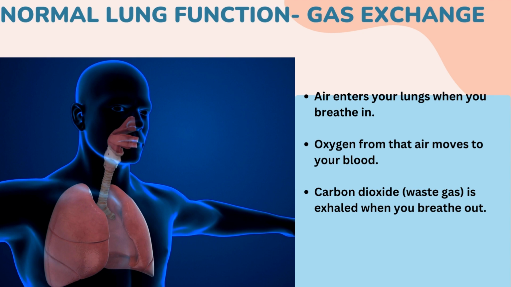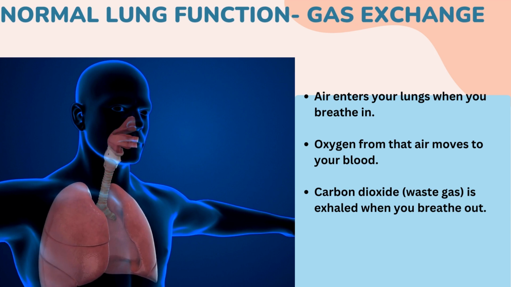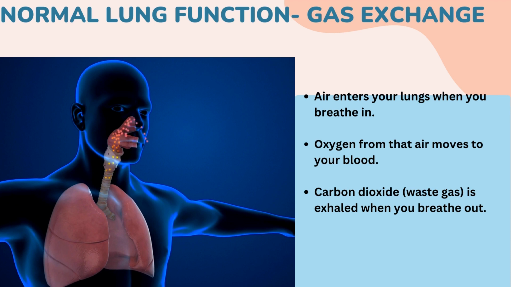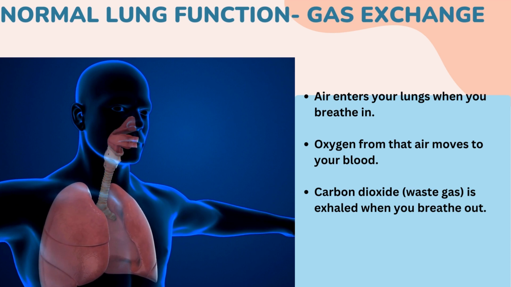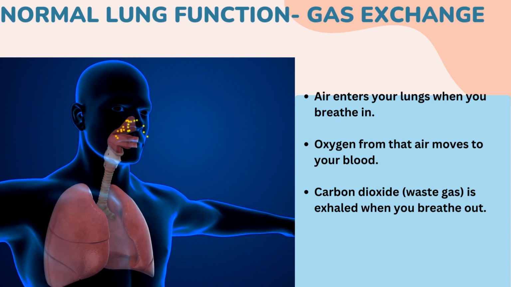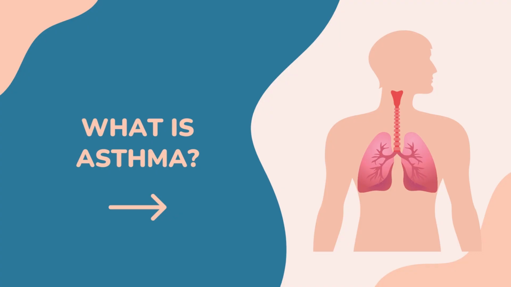Your brain controls your breathing rate, that's how fast or how slow you breathe, by sensing how much oxygen your body needs and how much carbon dioxide your body needs to get rid of. That's just a summary of how the lung works on a normal day, and a summary of gas exchange for you.